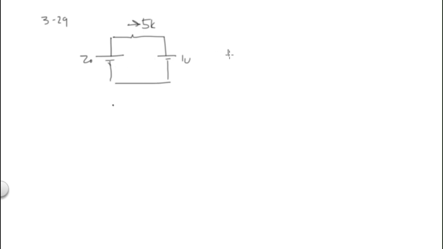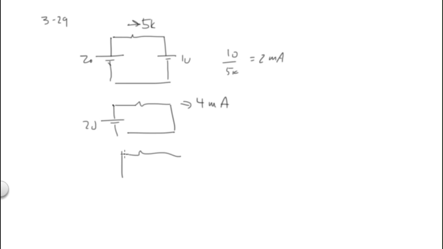So the answer really is 10 volts divided by 5K, or 2 milliamps. But I can also solve it by doing this: 20 over 5K gives me 4 milliamps pushing in the right direction, and then I can solve it with the left direction, and it's 2 pushing in that direction. So 4 minus 2 is 2 milliamps, which is the same as up here.